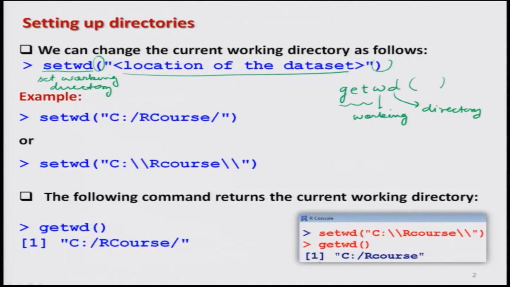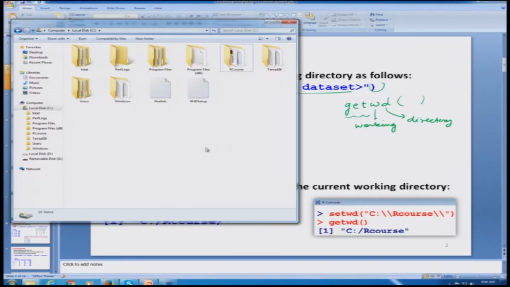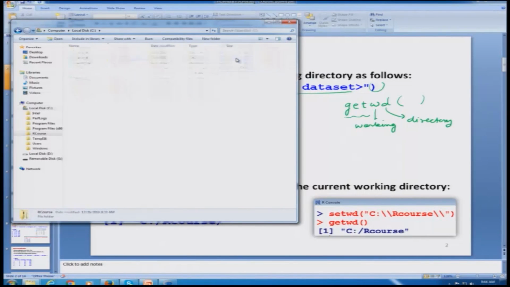For example, in this course, I have created a directory on the C drive. You can see here where I am highlighting, this I have created on the C drive. And inside this directory, I have put some files which we are going to use in this course.